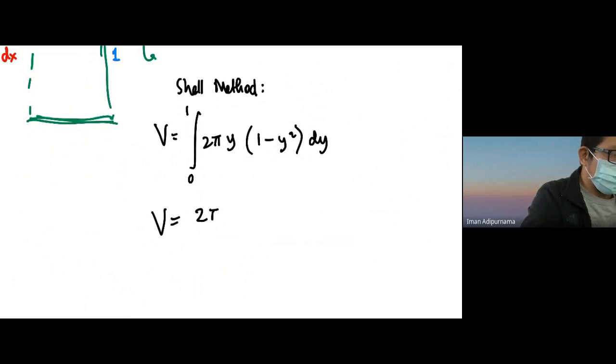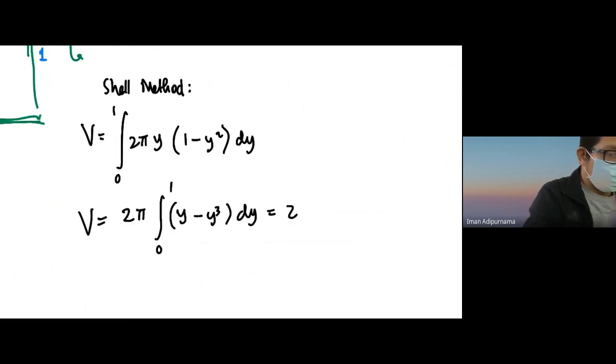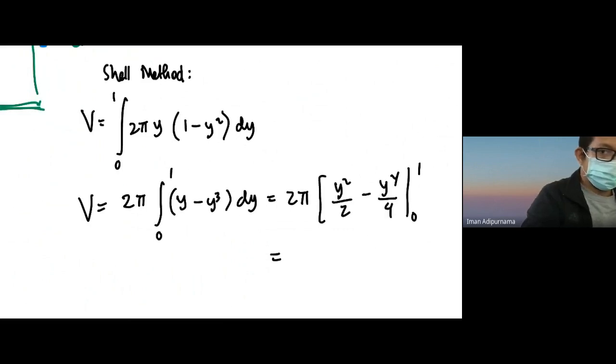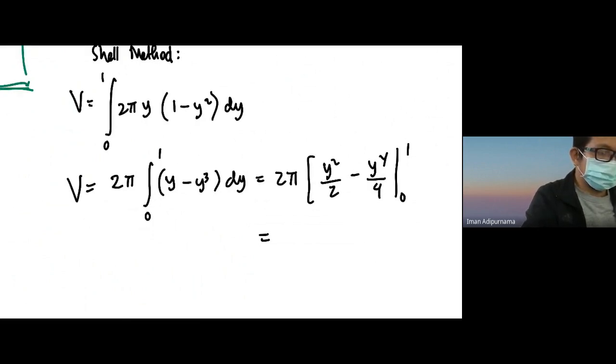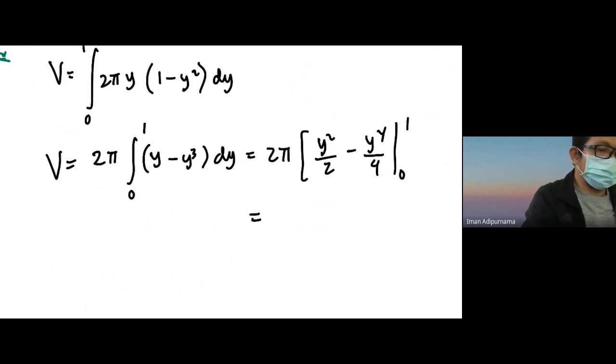So we still can try this. This will be y minus y cubed. And maybe we can have this is y squared. So half minus 1 over 4, half, so half times 1 over 4 to pi over 2.